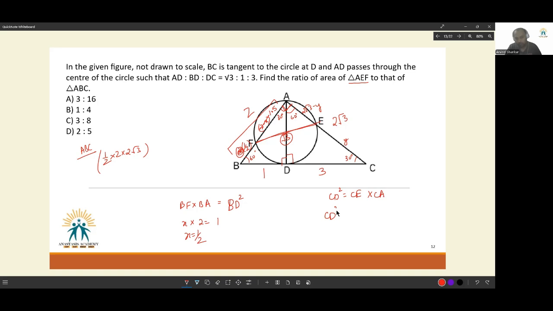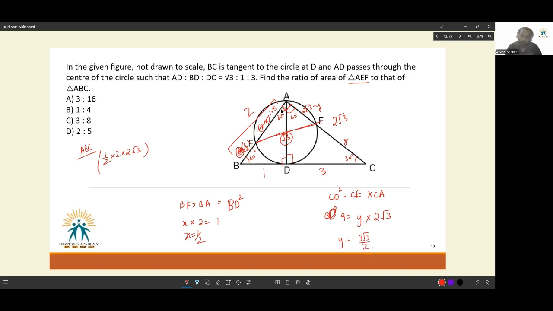So CD square is 9 is equal to CE, which is Y, into 2 root 3. So I'll have Y is equal to 3 root 3 by 2.